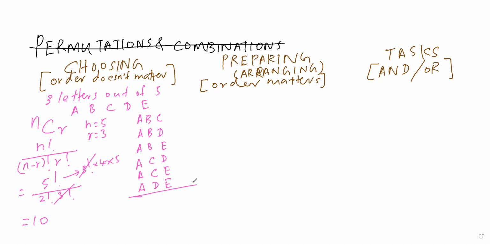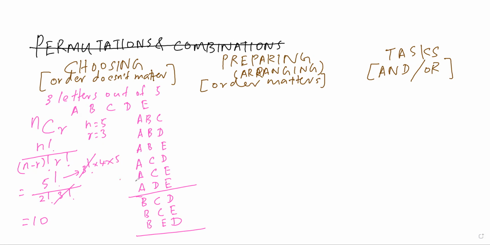Okay. And then when you start with B, you cannot use any of the A's because they are already used. Okay, so let's go with B, C, D, and B, C, E. And you can also write B, D, E without C. Now all A's and B's are used.